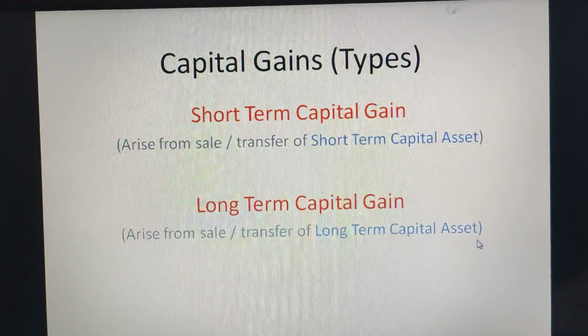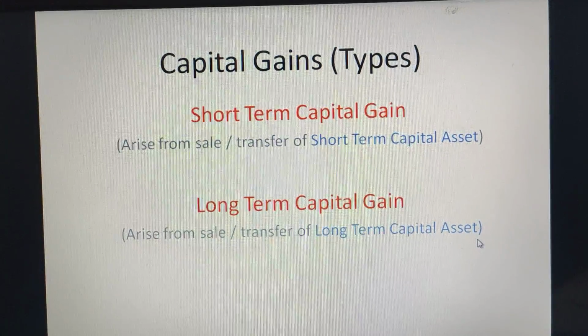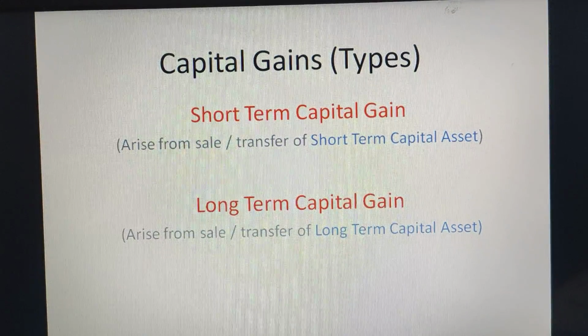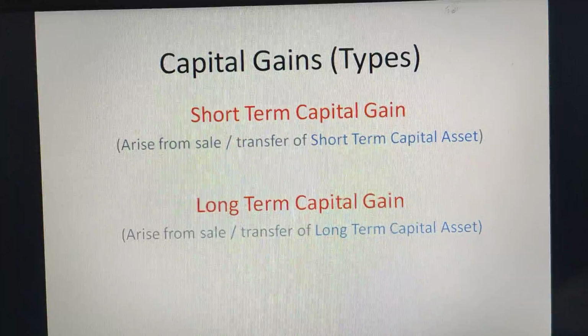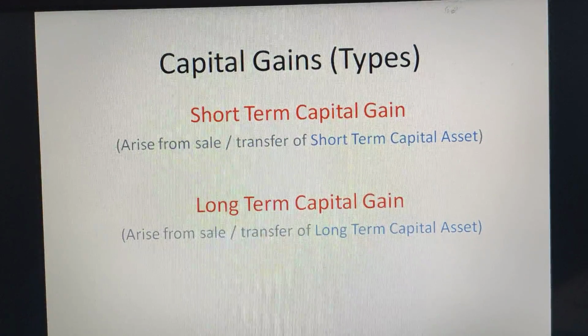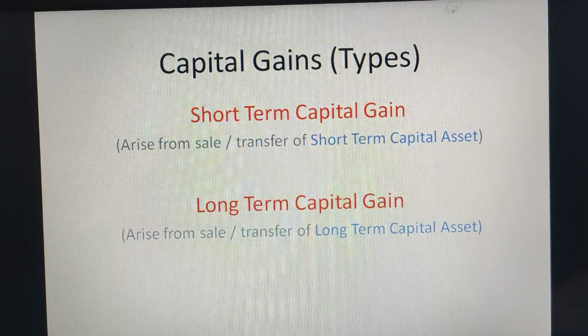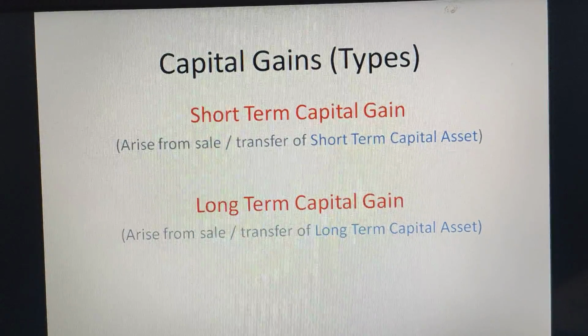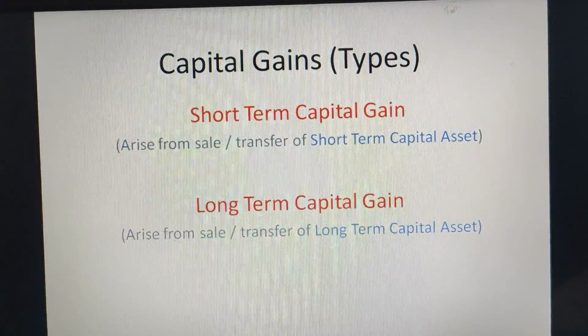I am not going to discuss what is a short-term capital asset or a long-term capital asset. For that you have to see video number 2, or part 2 of capital gains, so that you can understand in detail if you don't know.